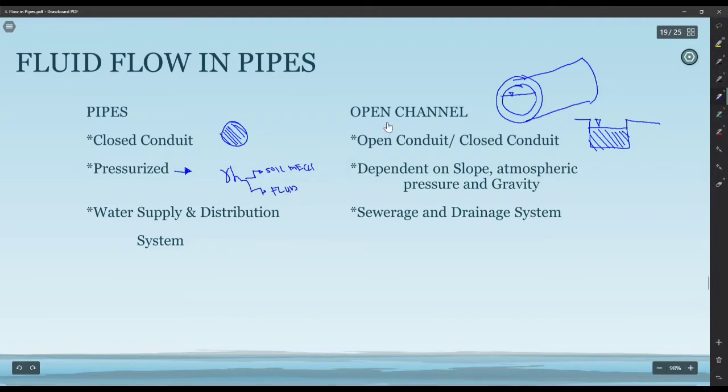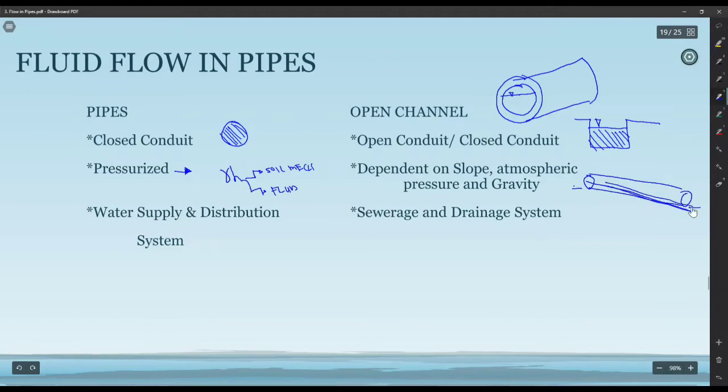And next, for open channel, so this is depends on the slope. So dumedepende siya sa slope. So 'di ba sa drainage system naman natin, alam naman natin para tumakbo ang tubig niyan, naka-sloping kasi yung pagle-lane ng mga RCP mo or even yung open channel. So dapat mas mababa yung isang point considered sa entry point niya para dumaloy yung tubig natin pababa.